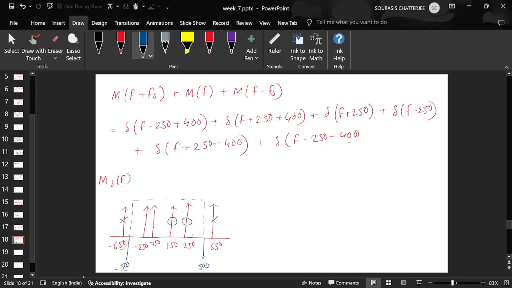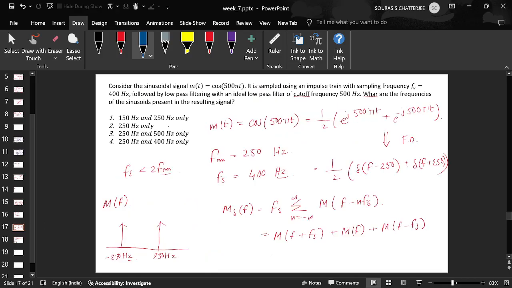So the only sinusoids we'll have are 150 and 250 hertz, and there should be an answer that corresponds to that. Yeah, the first one. So when you sample using a sampling frequency of 400 hertz and pass through a low pass filter with a cutoff frequency of 500 hertz, you will be left with two sinusoids, one at 150 and another at 250 hertz.